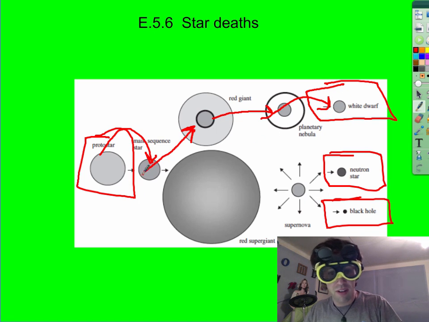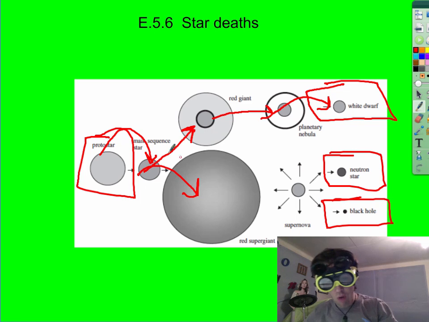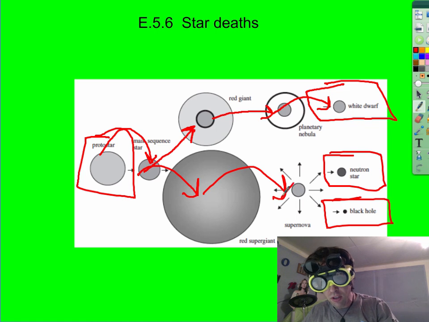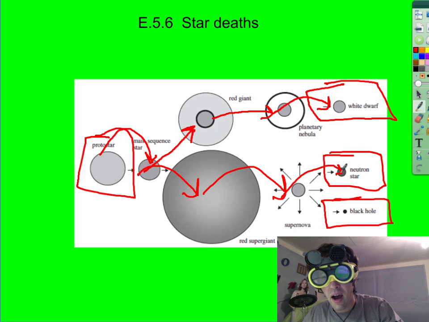If it's greater than 8 times the mass of the sun, super red giant, and then supernova. Everything is super. It makes a super neutron star. No, it's just a regular neutron star, held up by neutron degeneracy. But if it's even more massive than 40 times the mass of the sun in its initial stage, then it can become a supermassive black hole.